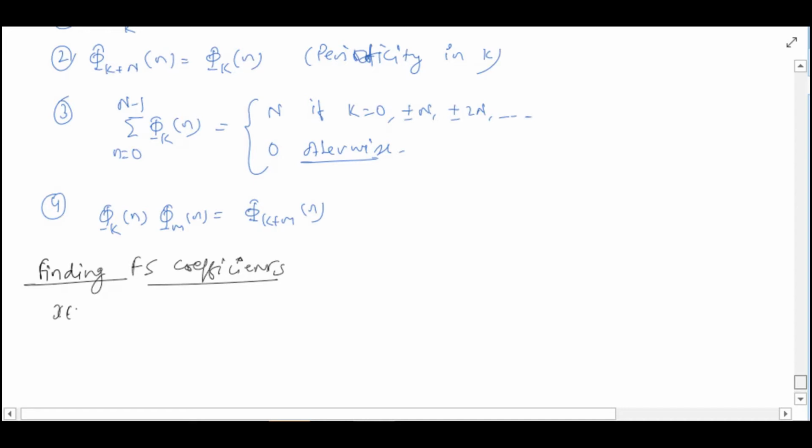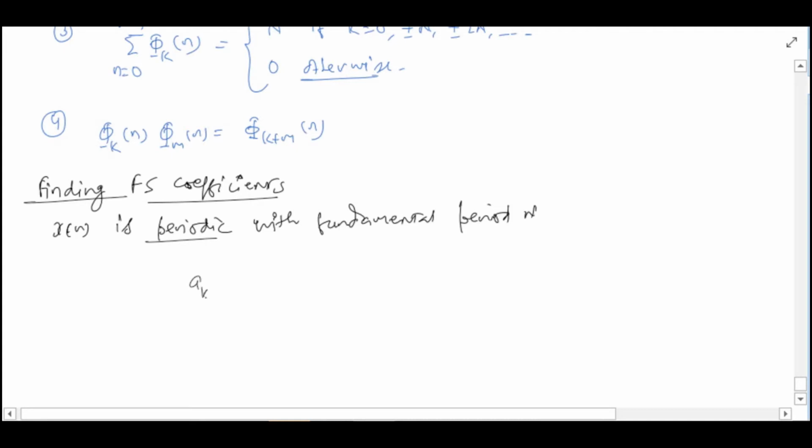It turns out that if x[n] is periodic with fundamental period capital N, then a_k, the Fourier series coefficients, are given by 1 by N, sum over n equals 0 to N minus 1, x[n] e raised to minus j 2 pi by N k n. Notice that 2 pi by N is what we call the fundamental frequency.